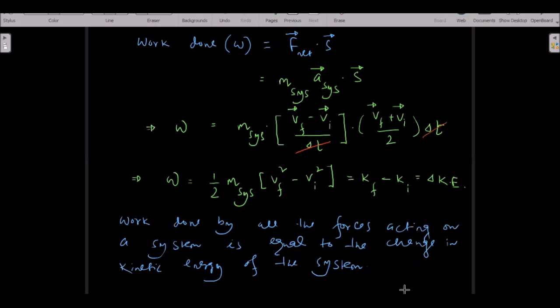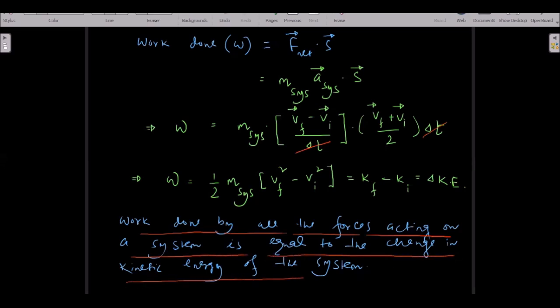That's the statement. Okay, so please note it down: work done by all the forces acting on a system is equal to the change in kinetic energy of the system.